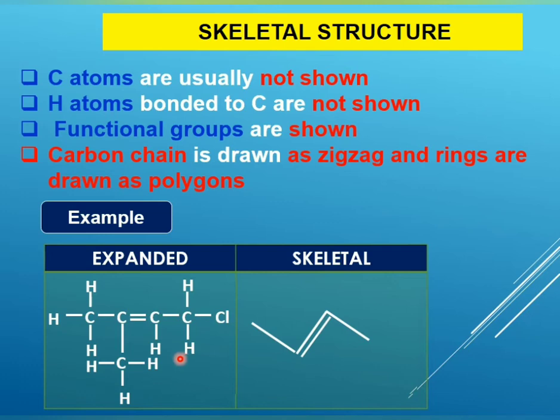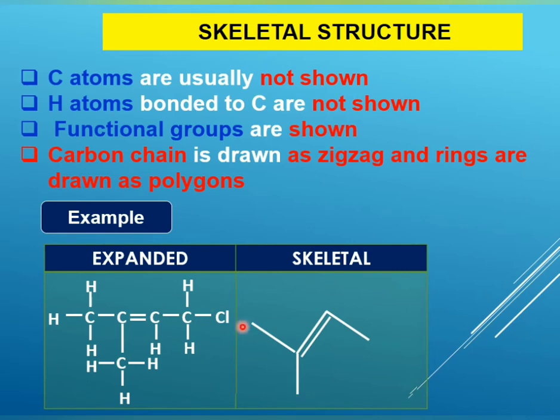And we have a double bond at the second carbon, and also there is an alkyl group at the third carbon. So this line is used to show the bonding between the third carbon and the alkyl group.